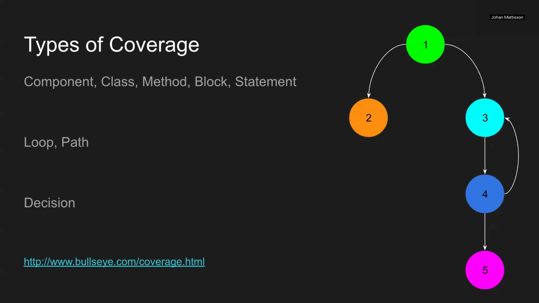Types of coverage. We talked a bit about these. We talked about the loop, for example. Component is component, class, method. It's kind of the same, with different sizes. Component also depends on the language. Some languages have modules, some have classes, some don't have classes, some have functions, some have a mix. JavaScript has a mix of classes and functions.